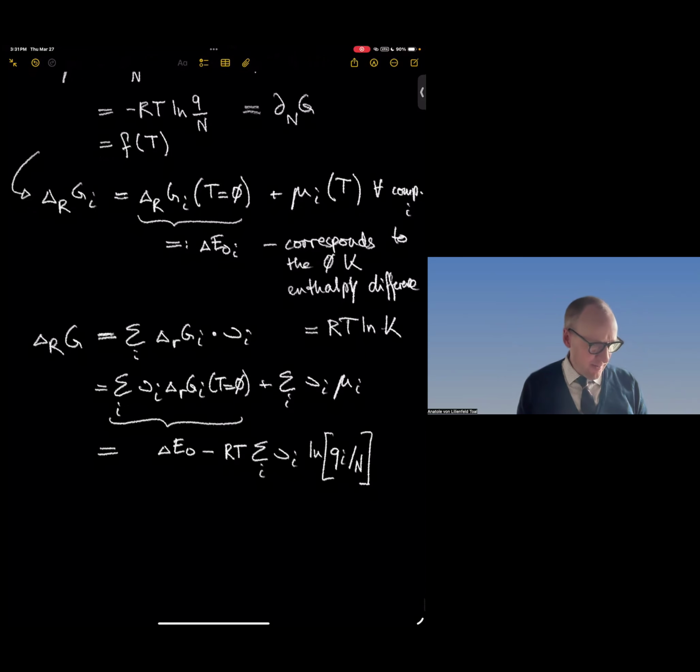So because these two are equal, we can divide everything by RT, and then we have the logarithm of K being equal to minus delta E0 by RT.